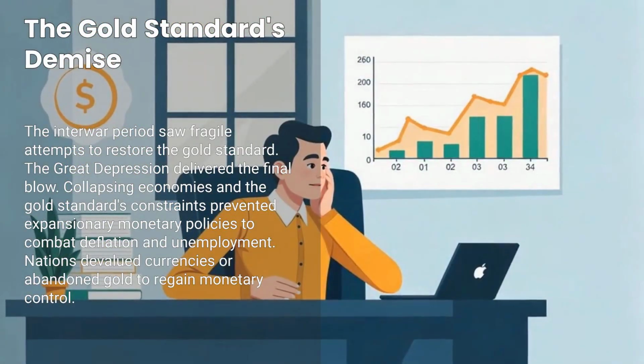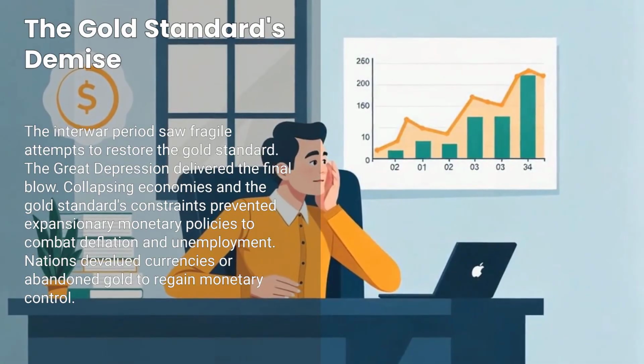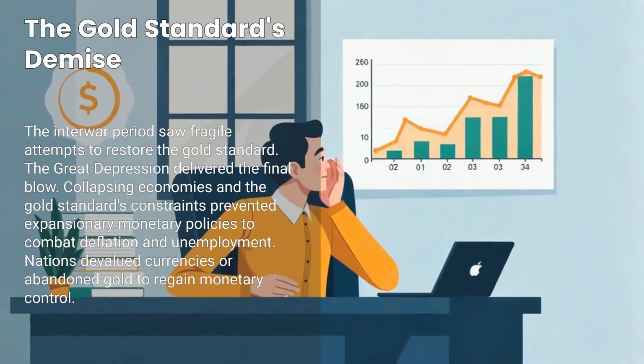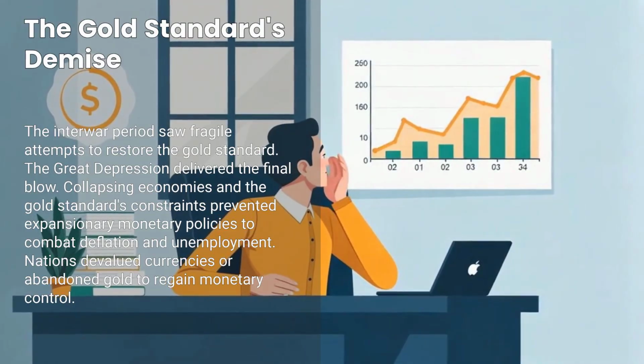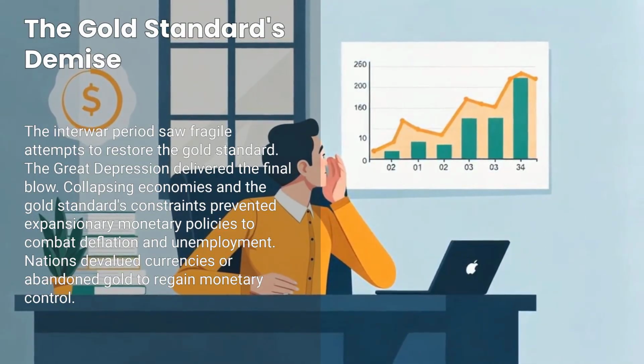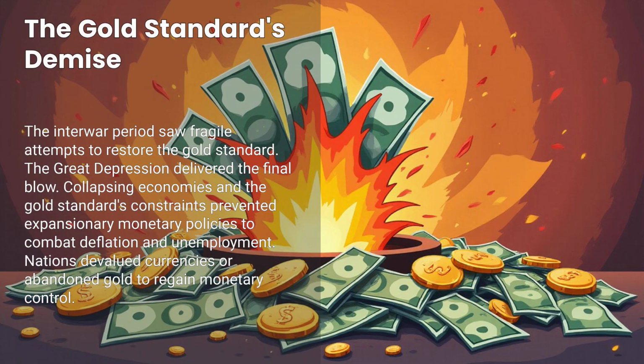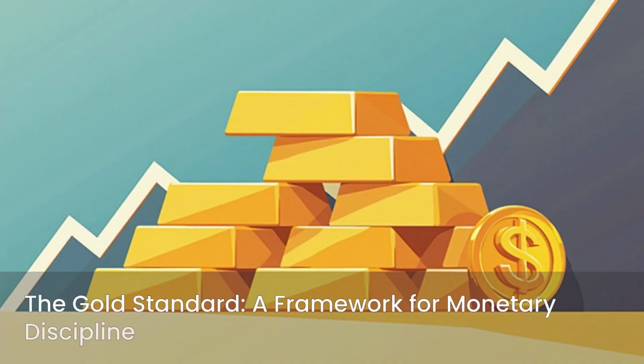As economies collapsed, the rigid constraints of the gold standard prevented governments from implementing expansionary monetary policies needed to combat deflation and unemployment. Nations began to devalue their currencies or abandon gold convertibility altogether to regain control over their monetary policy. The gold standard was neither a utopian system nor an abject failure.